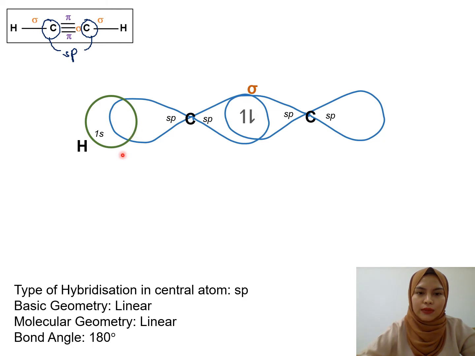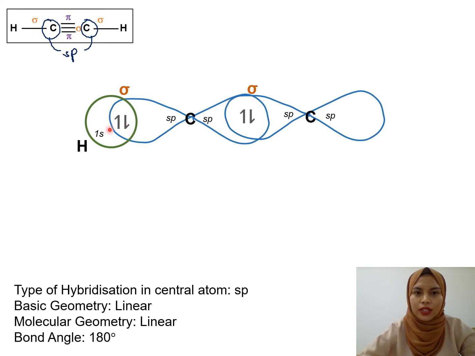So I just lukis bentuk bulat with label 1s because this bentuk bulat ni belongs to the 1s orbital and it belongs to the hydrogen atom. So I tulislah hydrogen atom and this overlap adalah overlap end to end sebab nak form a sigma overlap kan, because of this sigma bond. So bila mereka buat overlap, therefore they will share sepasang elektron.